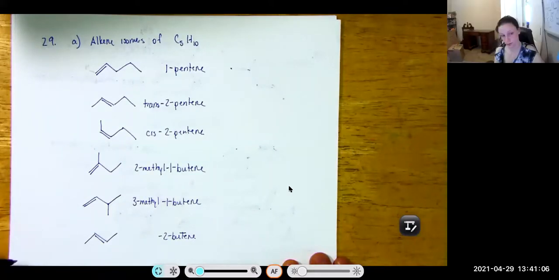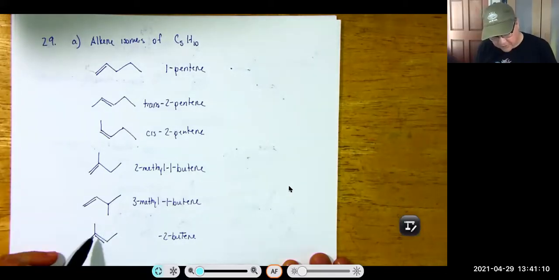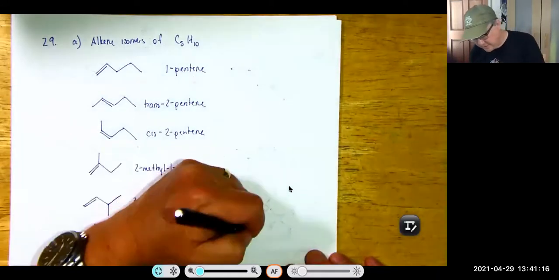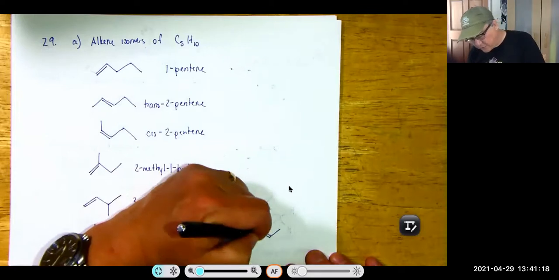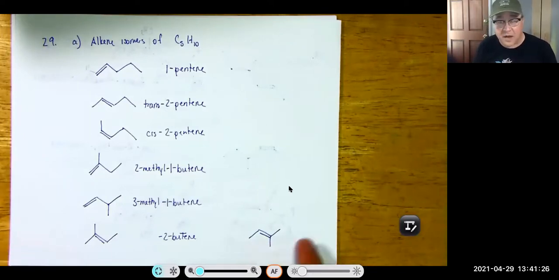Either on 2 or 3. Well, if I put it on 2, isn't it the same as putting it on 3? Because here, this is putting it on 3, but now that's 2. And the reason it's 2 is we can number this left to right or right to left.